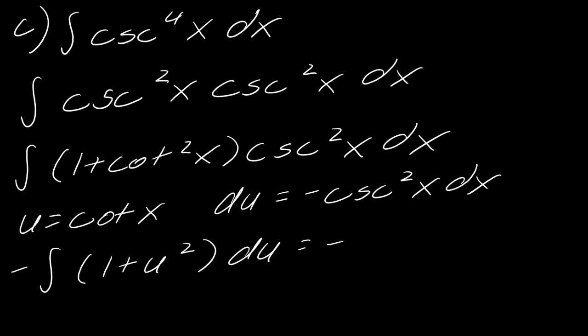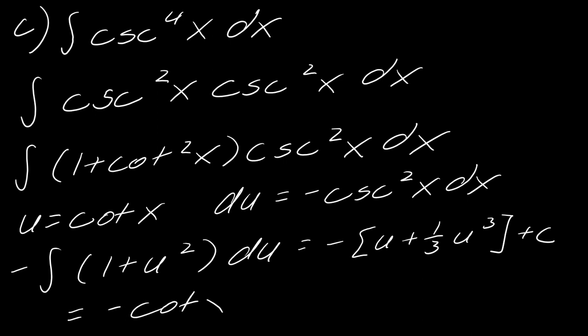This will come out to u plus 1/3 u cubed, and then of course the plus c. So in the end I have negative cotangent x minus 1/3 cotangent cubed x plus c. And so there you go.